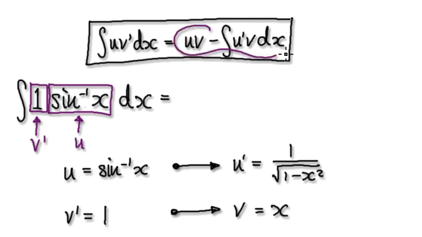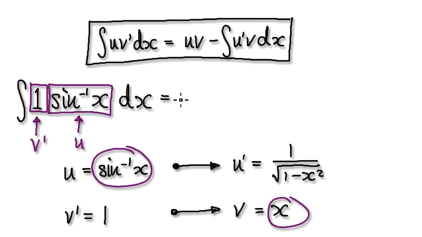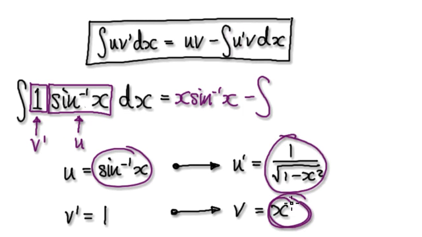Now you blindly follow the instruction here. It's saying get u times v, so that would be x inverse sine of x, and then minus the integral of, it's saying get u prime times v.